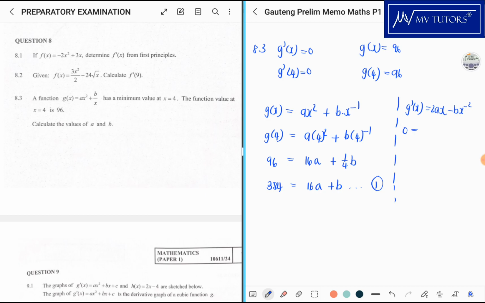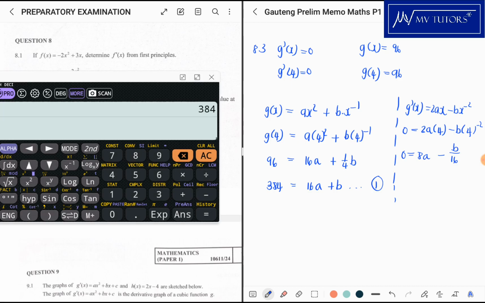And that's where x is 4. So I have 2a times 4 minus b times 4 to the minus 2. So I have 8a, and 4 to the negative 2 is minus b over 16. So I'm going to multiply 8 by 16. It's 128. So 0 is equal to 128a minus b. So that's equation number 2.